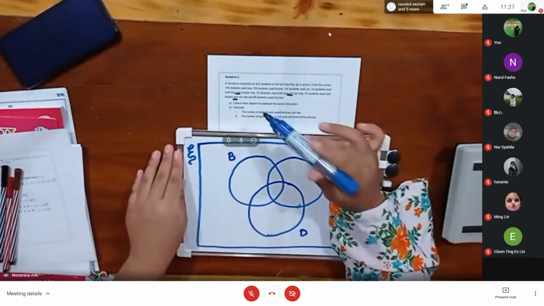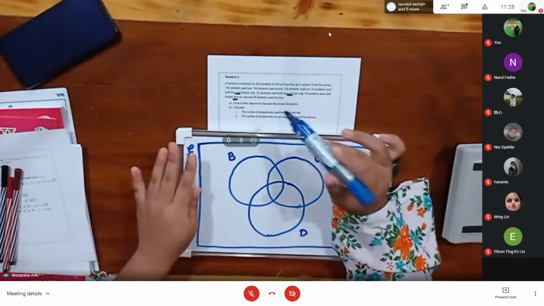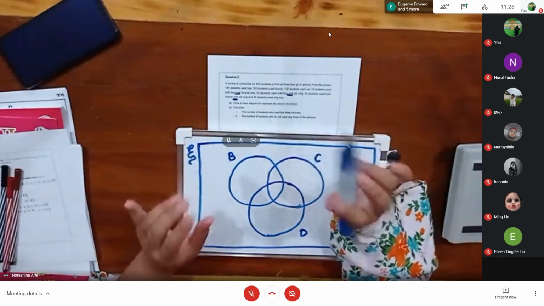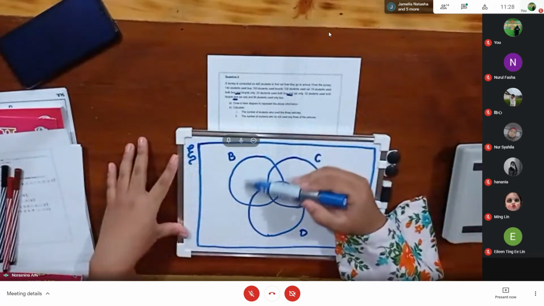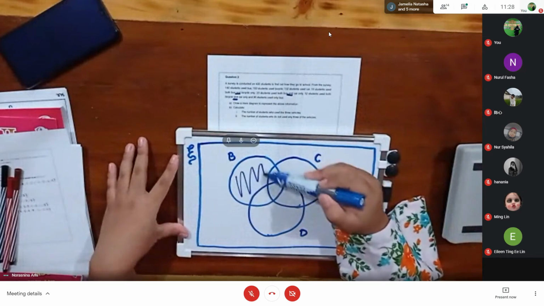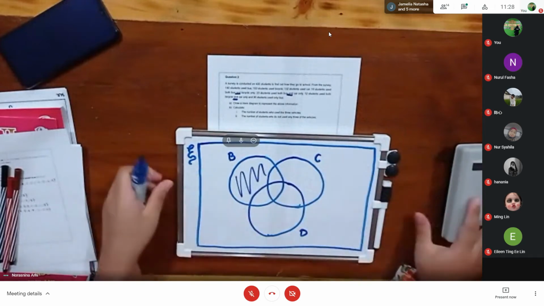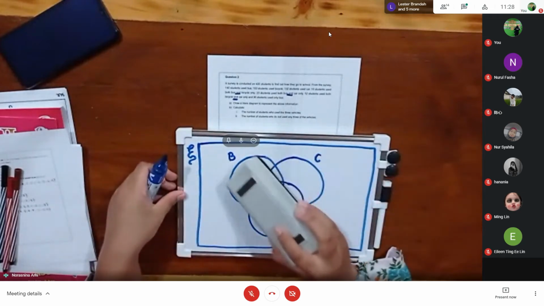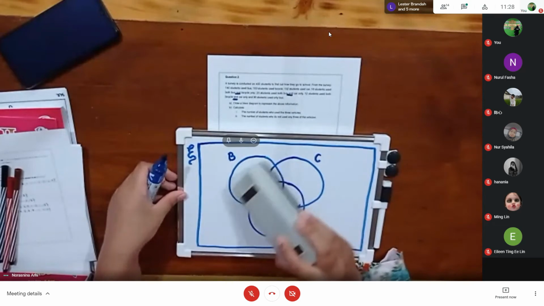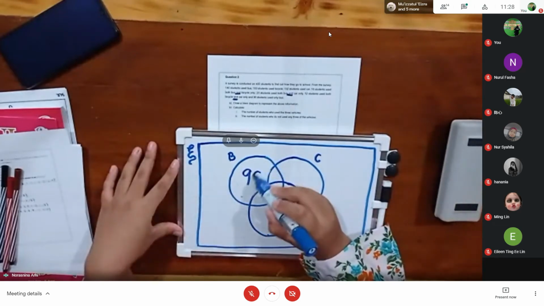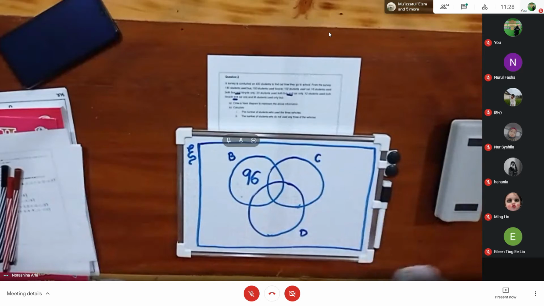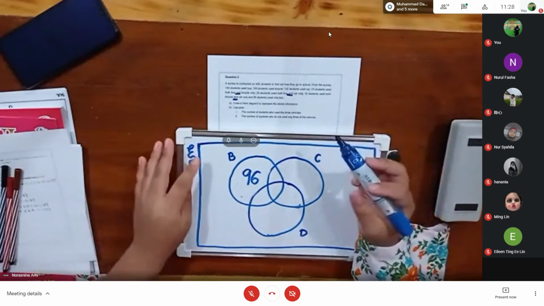But from this question, it's already stated that 96 students use only bus. So this is the part for someone who uses only bus. Then we can put 96 here, like this.